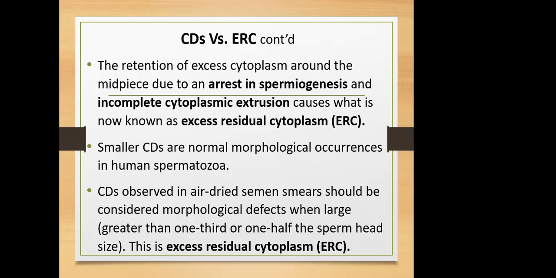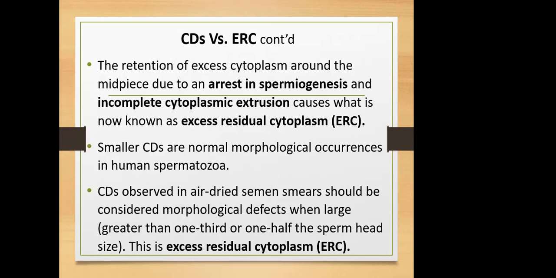The retention of excess cytoplasm around the midpiece, due to arrest in spermiogenesis and incomplete cytoplasmic extrusion, causes what is now known as excess residual cytoplasm. This is just what I've been explaining all over. Remember that the cytoplasmic extrusion and the phagocytosis are all processes within the spermiogenesis phase.